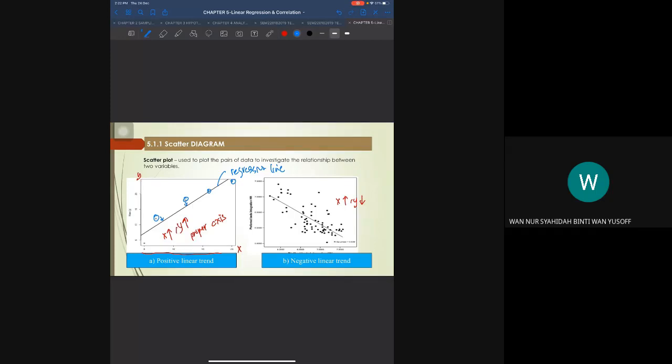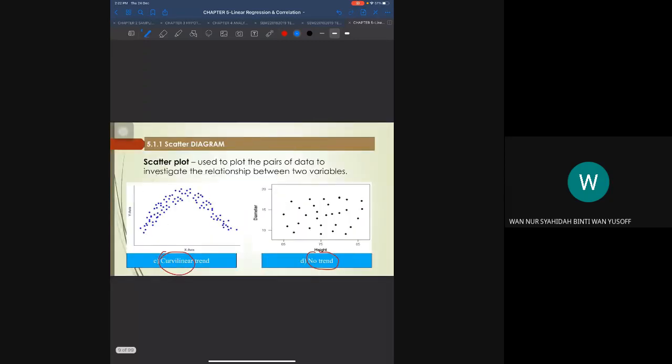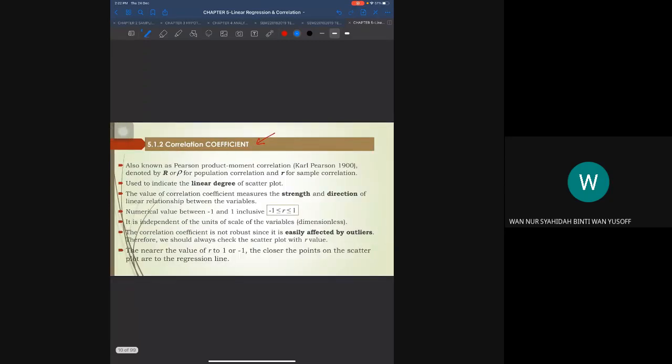If your data is far from the regression line, it means that we have a weak relationship. But to confirm that, we use the correlation coefficient.